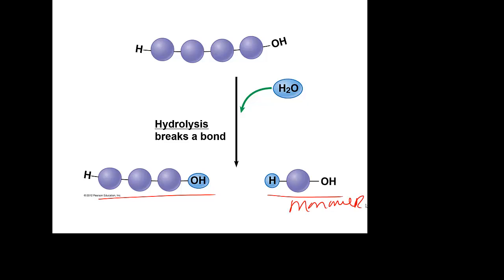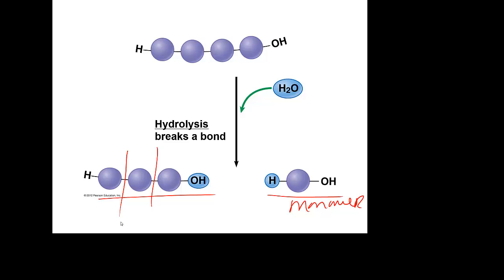Now you could continue this. You could add more water, break down this polymer into its 3 remaining monomers, and so on. We do this all day long. Every time your cells need energy, we have to do this. Every time you want to digest something and use the nutrients in that food, we have to do this.